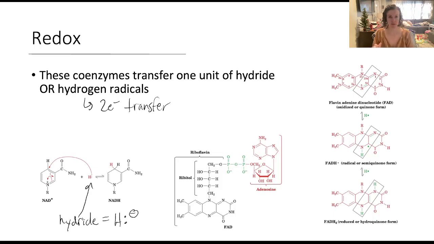I don't want us to get confused between hydrogen, protons, hydride, hydrogen radicals. So let's keep in mind that a hydride is a hydrogen atom with two electrons and a negative charge.